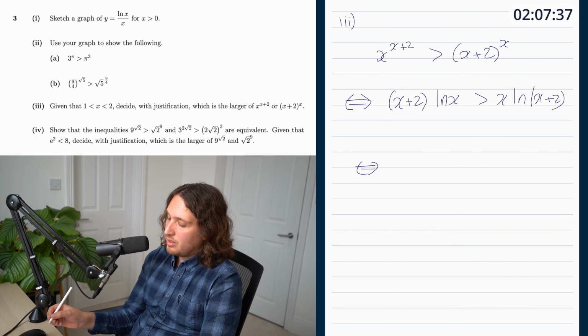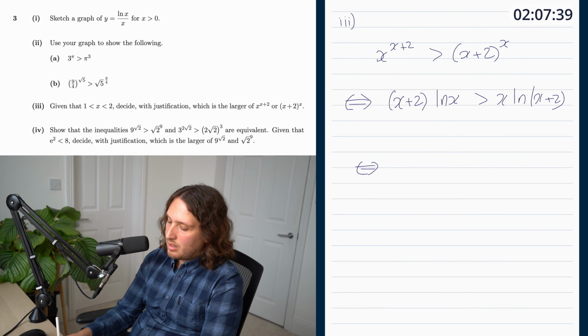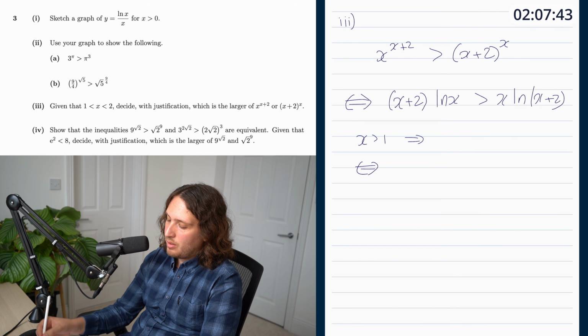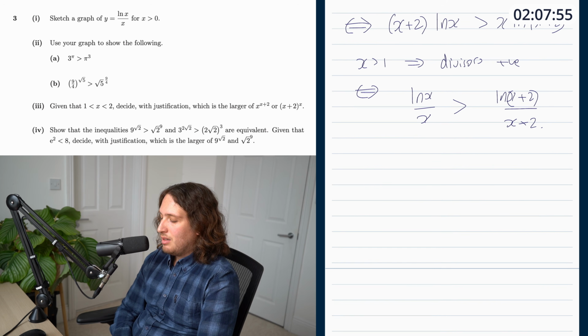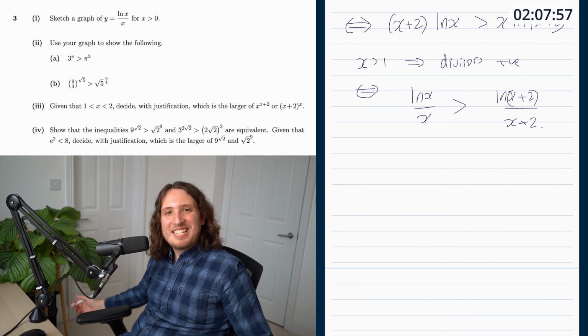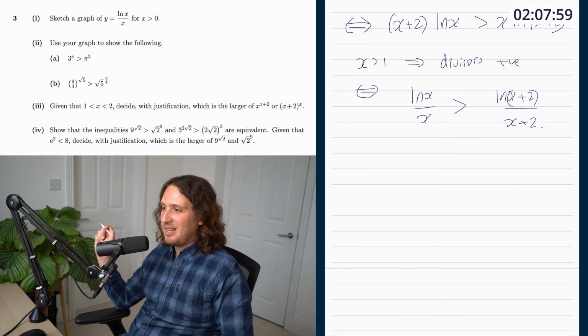That would be equivalent to, so x is bigger than 1, so my divisors are positive, ln x over x bigger than ln of x plus 2 over x plus 2. But they both depend on x. It's not like I can compare where they are to the turning point.